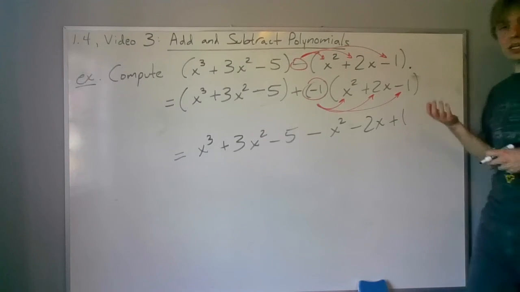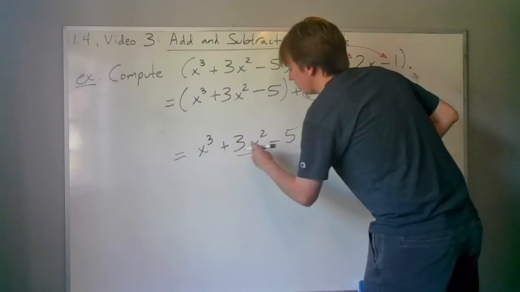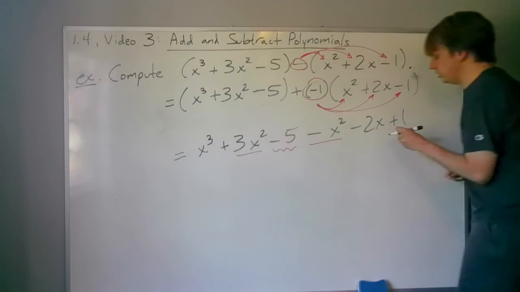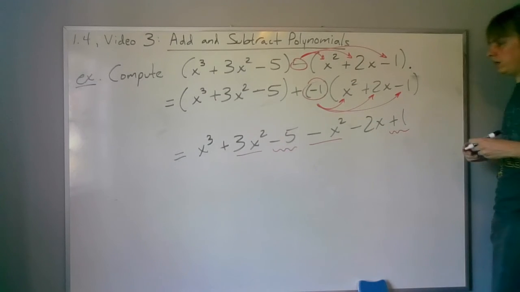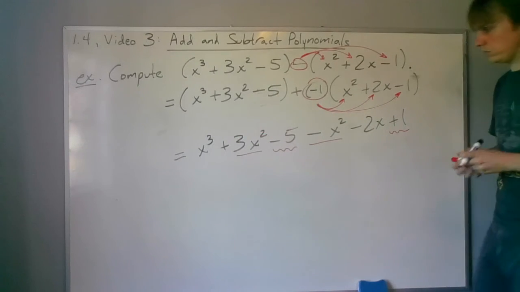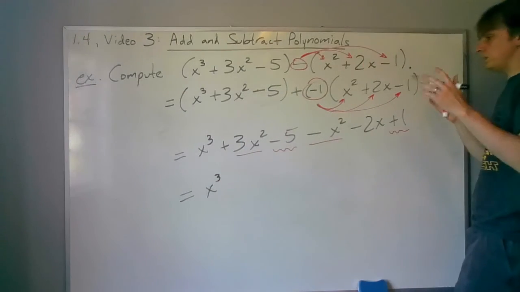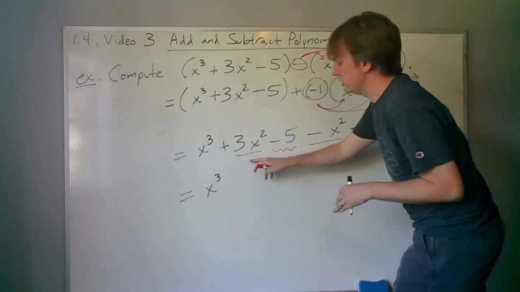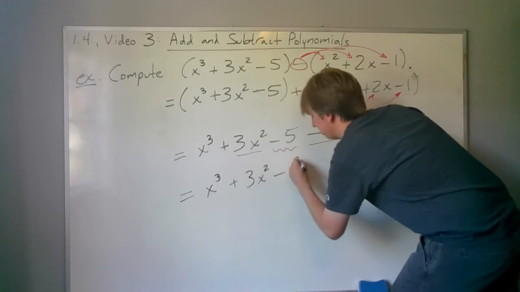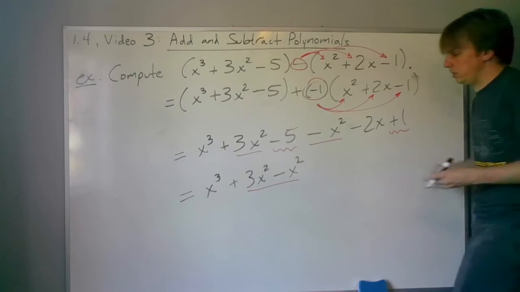And then I do the same exact step as adding, which is to combine like terms. So I see an x squared in 2 places, and I see constants in 2 places. Everything else is kind of by itself. There's only one x to the third, there's only one x to the first. So our only x to the third, I'm going to go ahead and keep writing my middle step in, 3x squared minus x squared. If you can do that in your head and say, oh, that's 2x squared, great, skip this step.